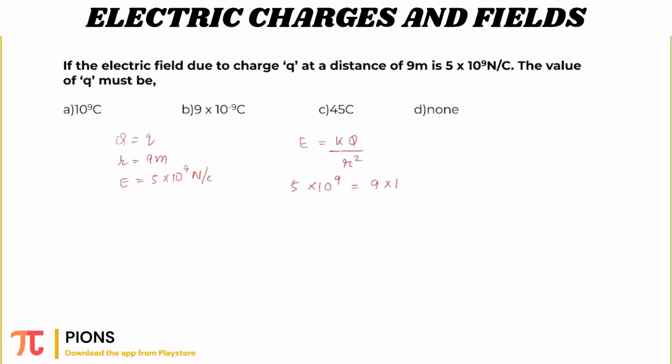K is 9 into 10 to the power 9. Q we are looking for, and R is 9. So 9 square is 81. So we can cancel 10 to the power 9 both the sides. So it will be 5 into 81 over 9. That will be our Q. So 9 9s are 81, 9 5s are 45, and 45 Coulomb is the answer, option C.